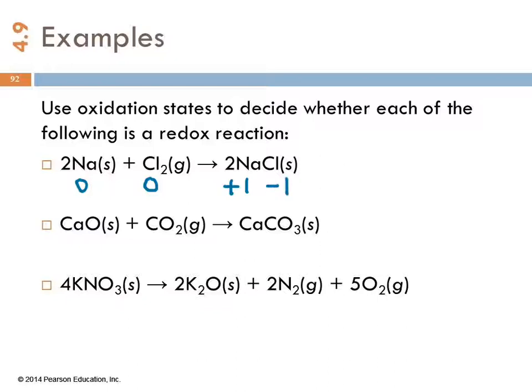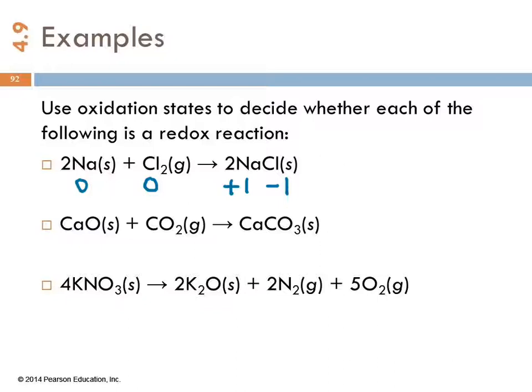How do we know that? This is an ionic compound. In an ionic compound, the charges of monatomic ions are the oxidation number of that atom. So, is there oxidation reduction occurring here? Yes. One element went up in oxidation number and one went down.